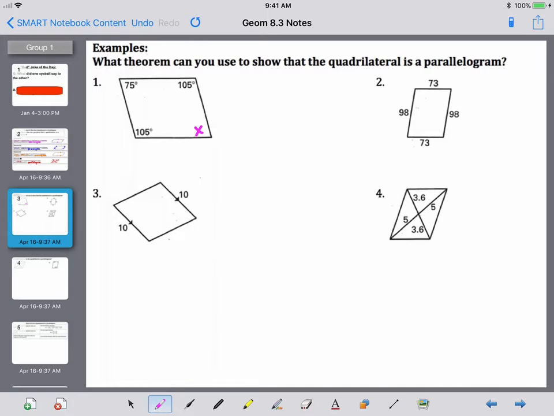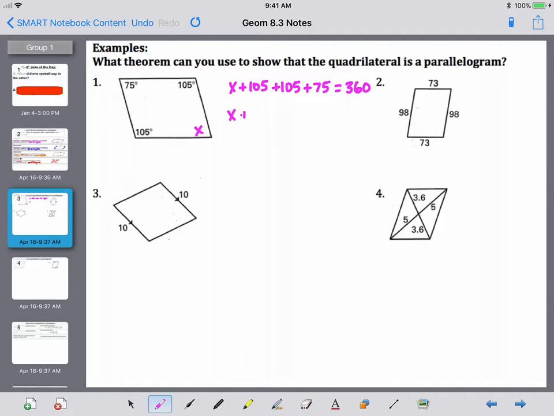So if I can show that x is 75 degrees, I can use theorem 8.8 to show that this is a parallelogram. So I'm going to say x plus 105 plus 105 plus 75 has to be 360 degrees because this is a quadrilateral.